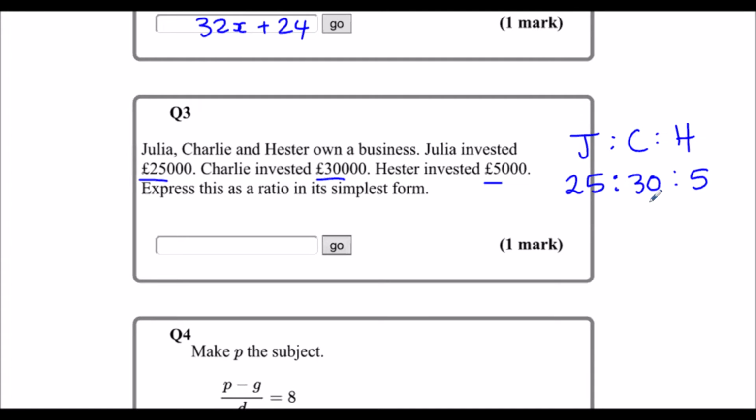So I'm going to divide them all by 5. 25 divided by 5 is 5. 30 divided by 5 is 6. And 5 divided by 5 is 1. So the simplest form is 5 to 6 to 1. There's not a times table they're all in now, apart from the 1 times table. But if I divide them all by 1, they'll stay the same.